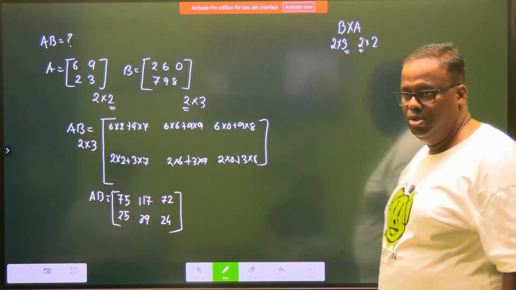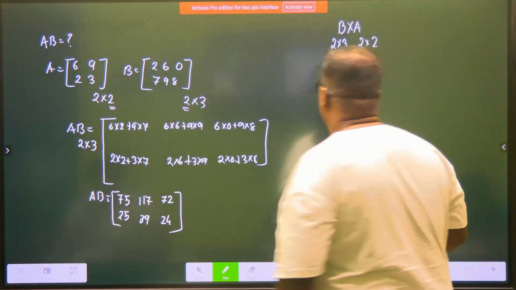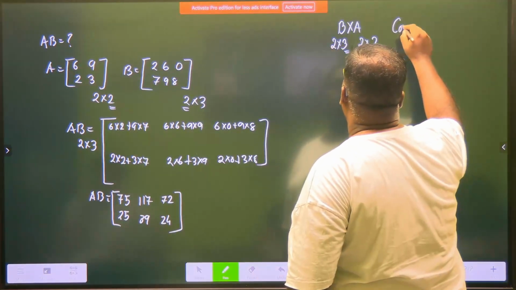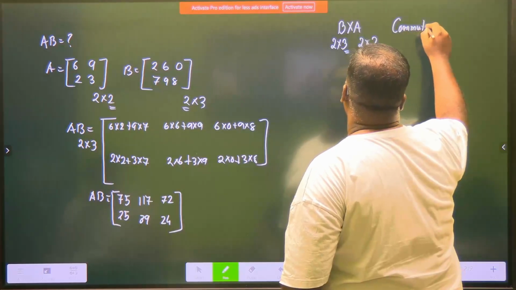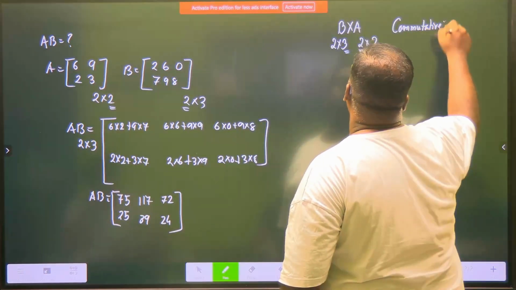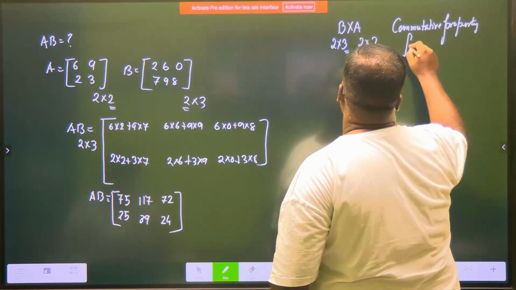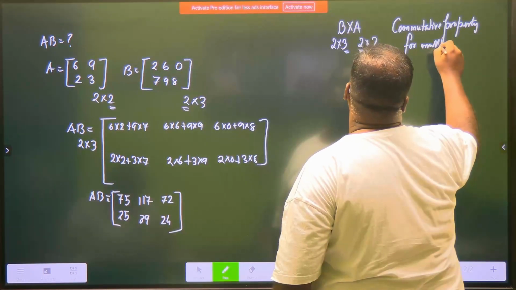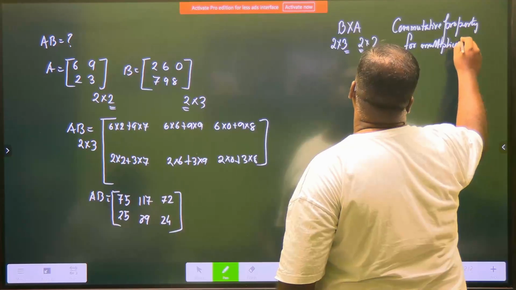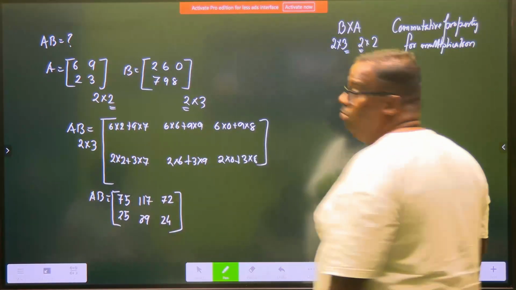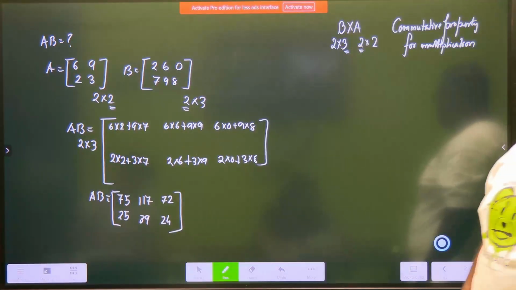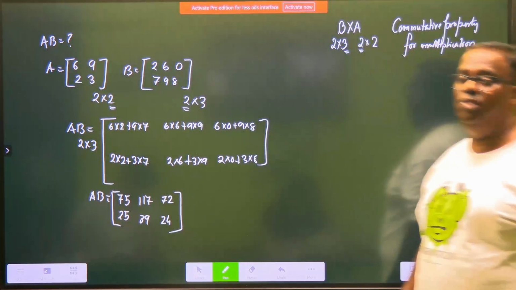You cannot do it. Which brings us to one conclusion: the commutative property for multiplication, not addition. In addition, commutative was satisfied. Commutative property for multiplication does not hold always.